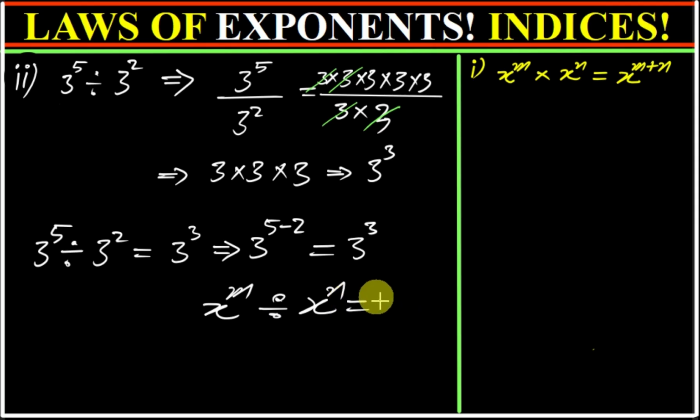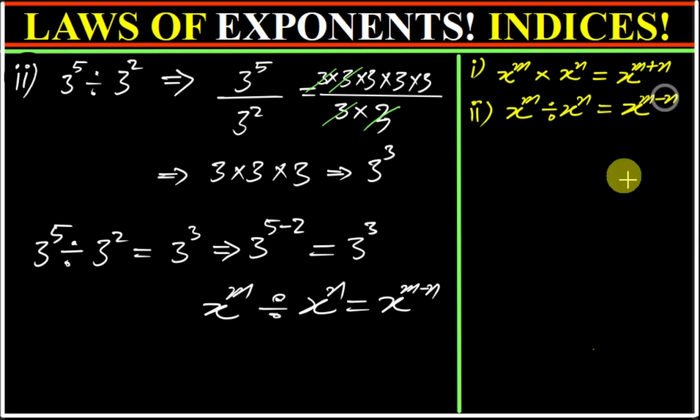So x raised to the power m divided by x raised to the power n. We can simply write x raised to the power m minus n. So we can just subtract the powers, but remember that the bases should be the same, then only we can apply this. So it should be x raised to the power m minus n. This is the second law of exponents.